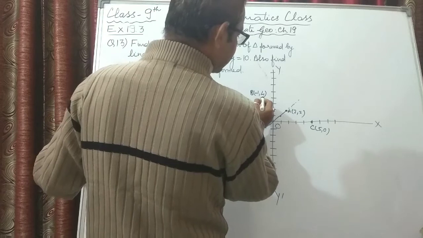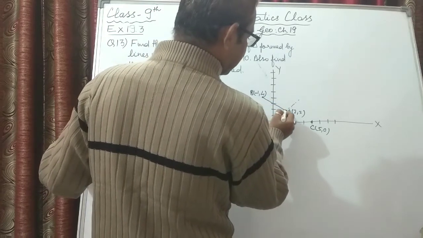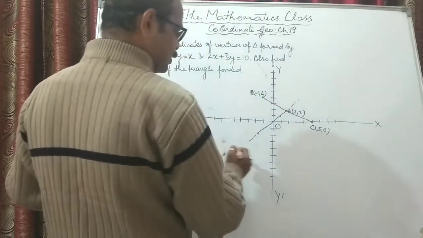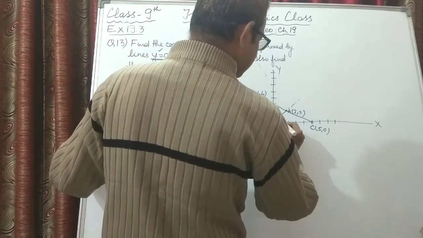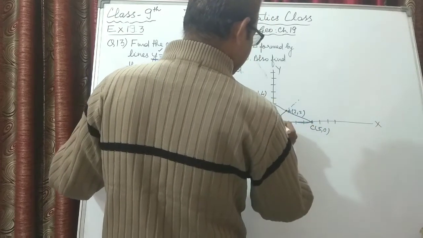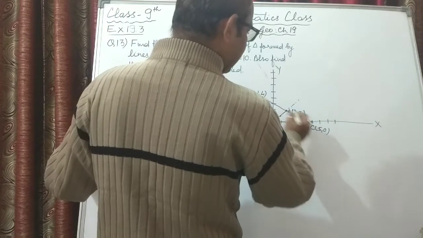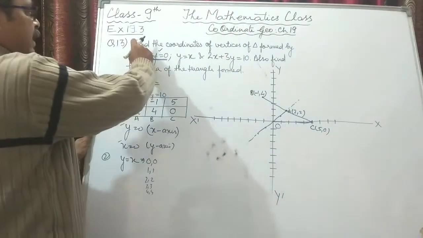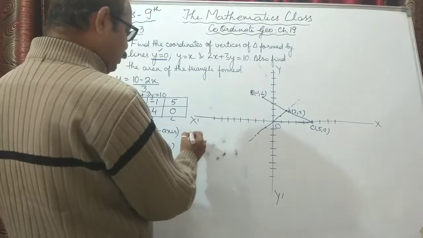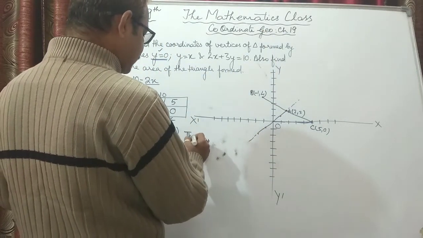When we join these points, we get a straight line something like this. This is the straight line, then this is the straight line, and the third line is this. You can see the points we are getting are O, A and C. So they say find the coordinates of the vertices of the triangle formed.